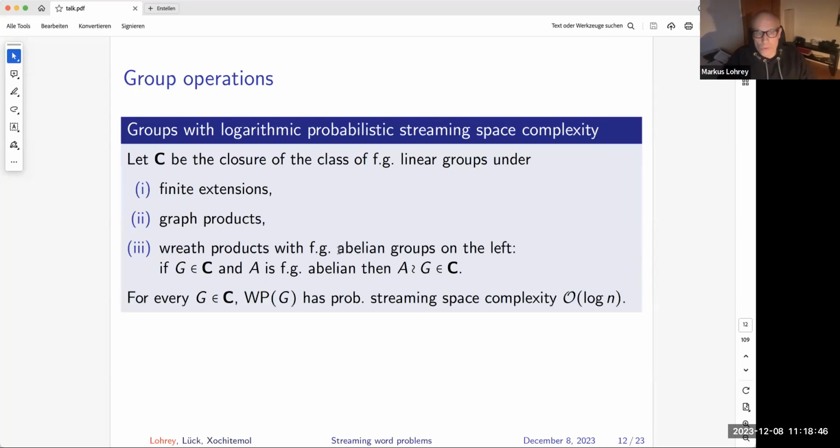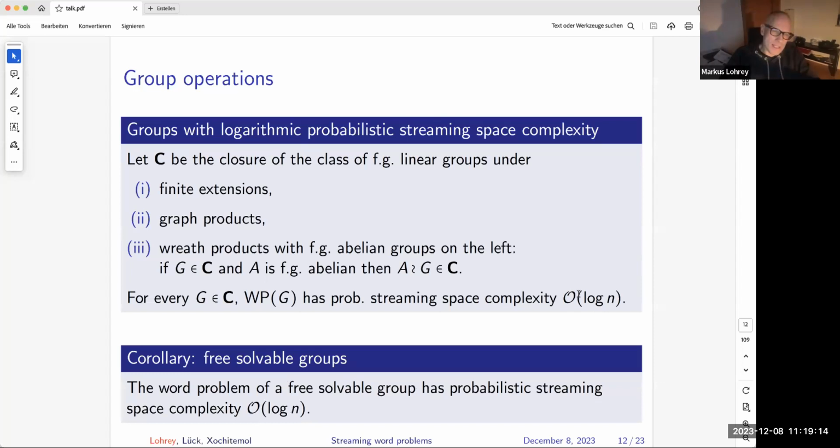Then we can show that for every group G in this class C, the word problem has a probabilistic streaming space complexity big O of log n. Basically, big O of log n is always the goal that we want to have. We want to bound the probabilistic streaming space complexity by the logarithm of the input length. I will say a few words about the proof in a moment, but let's first derive a corollary.